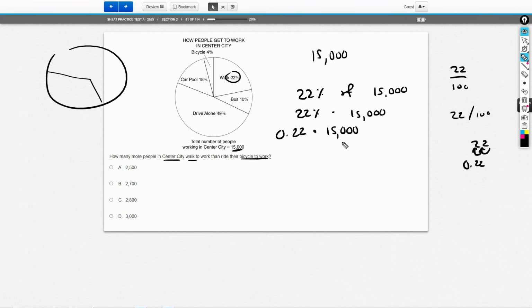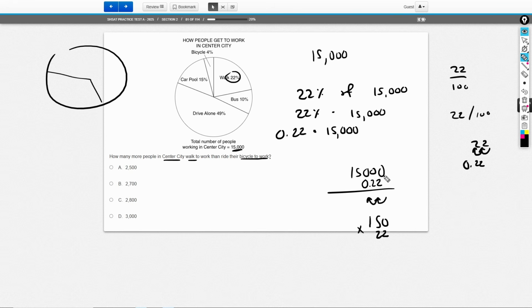Now, a quick trick for this. Instead of actually doing 15,000 times 0.22, what you can do is take out 2 zeros from the 15,000 and just multiply 150 by 22. Because either way, in this answer you're going to have to move the decimal point back 2 units.